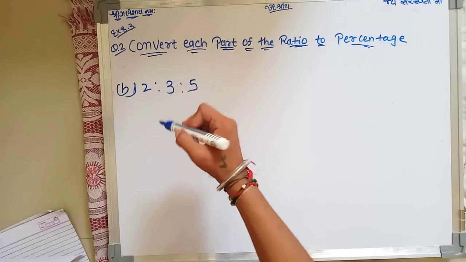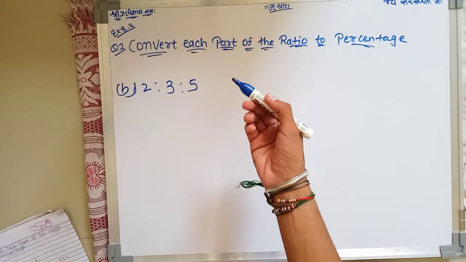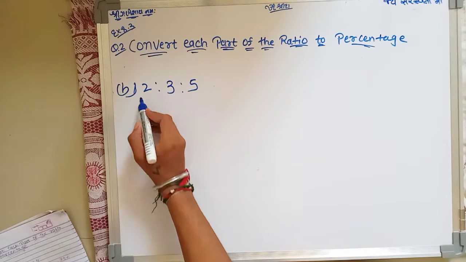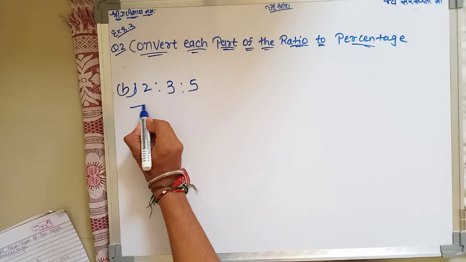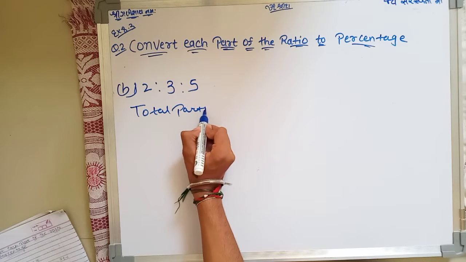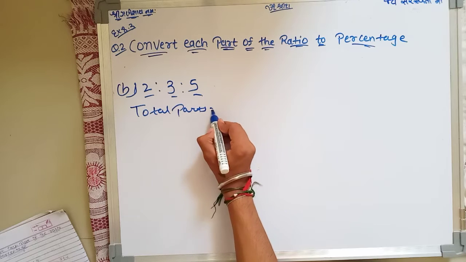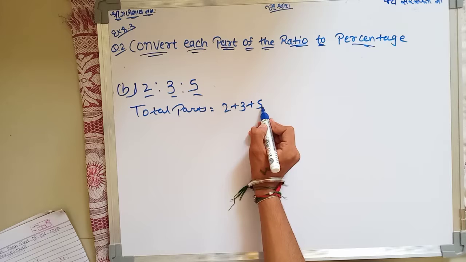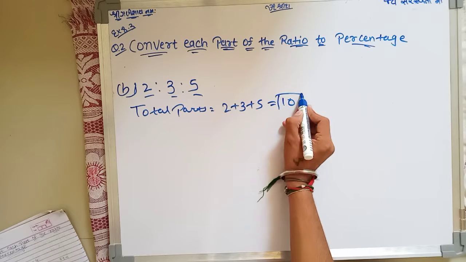Same as in the previous question, we have to find total parts. Total parts is the addition of these 3. So 2 plus 3 plus 5: 2 plus 3 is 5, 5 plus 5 is 10. So we get total parts 10.